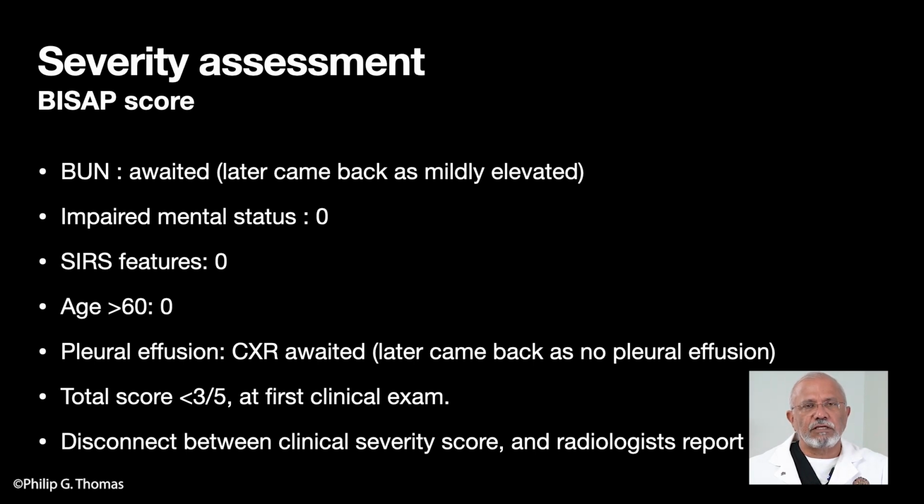For each of these, I gave him a 0 score because he was mentating well, he had no tachycardia, hypotension, or fever, and his age was below 60. So right there, I know that I have a score of less than 3 over 5. As it turned out, even the BUN was not elevated, and he had no pleural effusion. So his BISAP score was essentially 0.